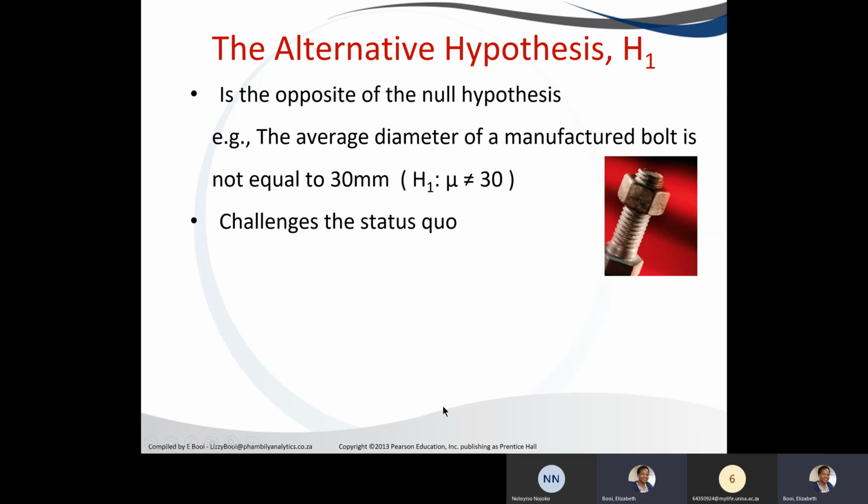And your alternative hypothesis does not contain an equal sign. So it means in your alternative hypothesis, there should not be an equal sign. So it means you're going to say it is not equal, it is greater than, or it is less than.